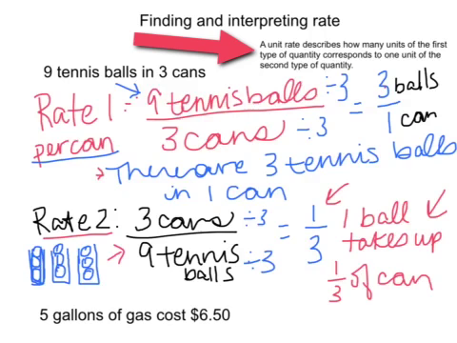So if I sorted these out, this is what it would look like. So now if I look, I can see that 3 balls go into 1 can. So that unit rate makes sense. Then I can also look and say that 1 ball takes up 1/3 of a can. So now this unit rate makes sense as well.